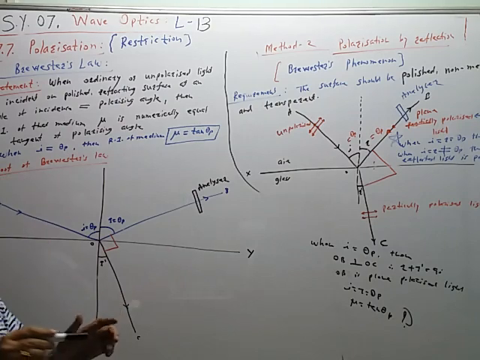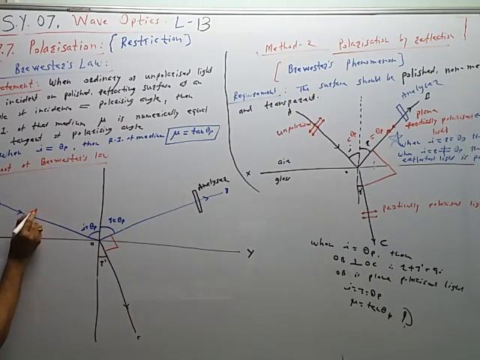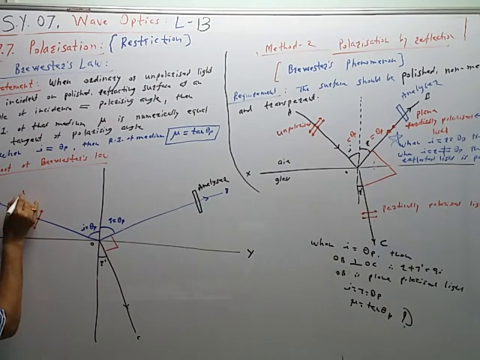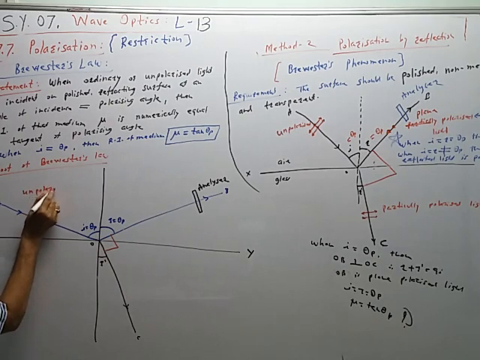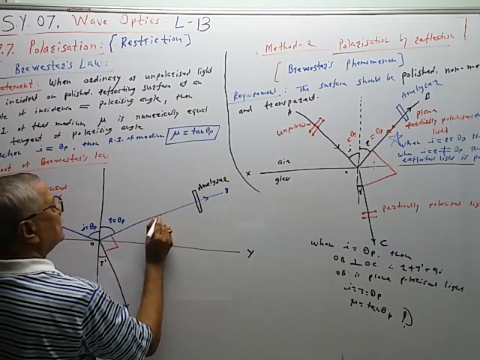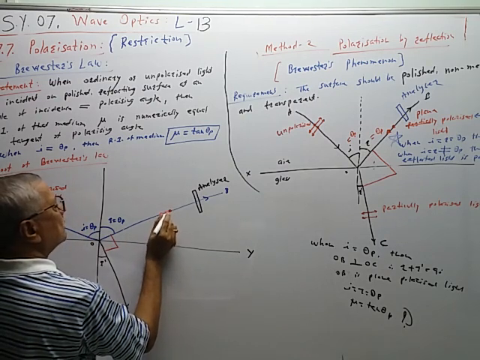Analyzer. It is unpolarized light shown by arrow and dot. Unpolarized light. This is a plane polarized light shown by dots only.